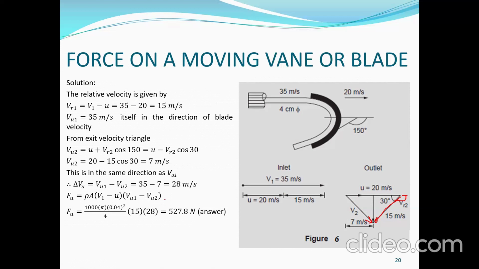So from exit or outlet velocity triangle, V sub U2 is equal to U plus VR2 cosine of 150, or U minus VR2 times cosine 30, based na dito sa ginawa mong 30. So, V sub U2 is equal to 20 minus 15 cosine of 30 is 7 meters per second. So, this one.